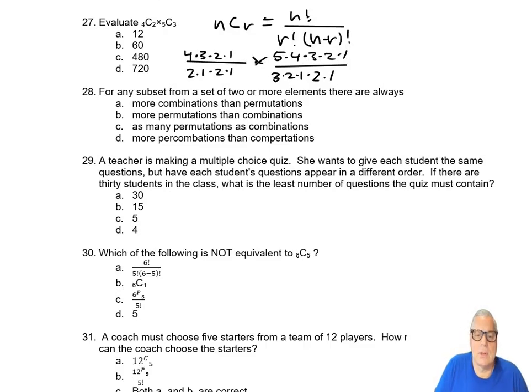Okay, so now this cancels, and then we have 12 over 2, which is 6. The second term, 20 over 2, so that's 10. So the answer is 60.